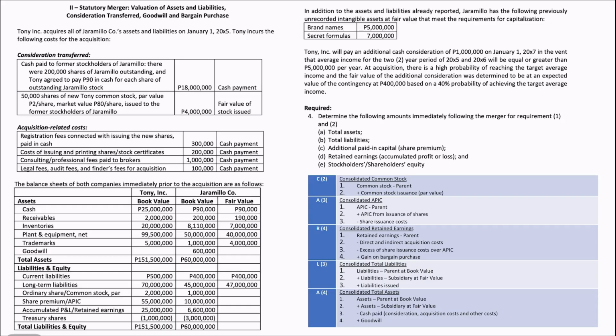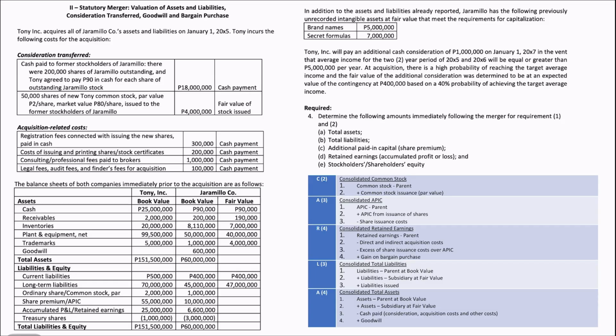Let's now compute for the consolidated total assets, total liabilities, additional paid-in capital, retained earnings, and shareholders' equity on the date of acquisition. Again, we'll be using Carla 23434 to compute for the consolidated balances. Let's start with consolidated common stock.